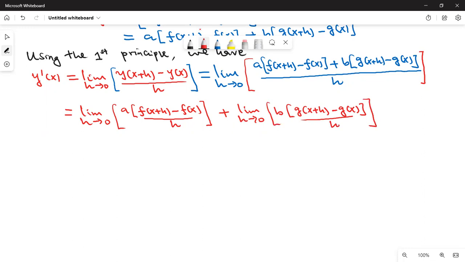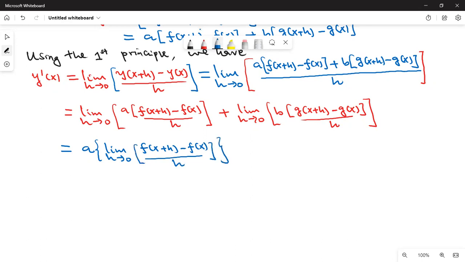And you see a and b are constants, so they can be factored out so that these limits can be written as a times the limit as h approaches 0 of f of x plus h minus f of x. The whole of this you divide by h.